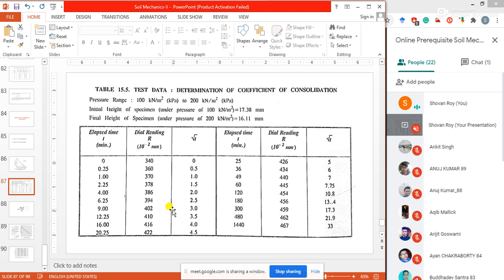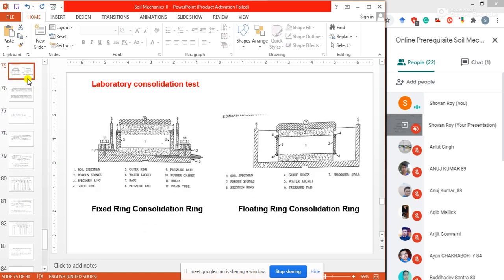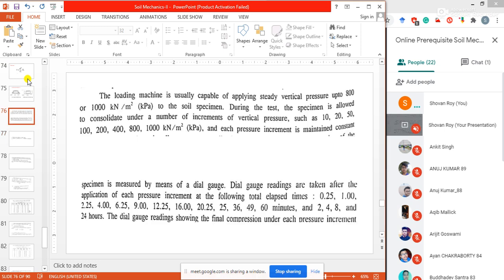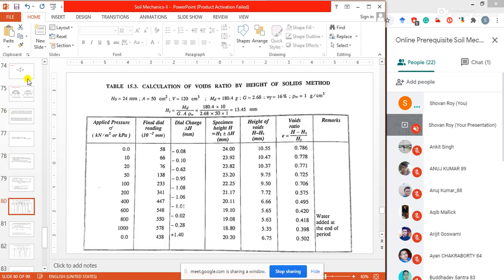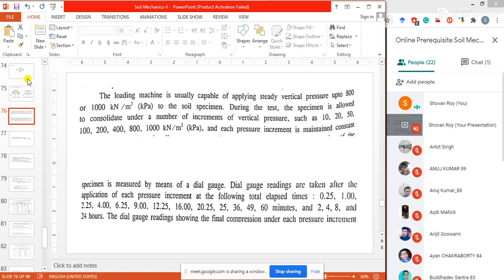Elapsed time: we already had some idea of the elapsed time in consolidation, because to perform the test we need a series of times to find out the actual consolidation or settlement of the specimen. Suppose these are the values: 0.25, 1, 2.25, 4, 6.25, 9, 12.25, 16, 20.25, 25, 36, 49, 60 minutes.